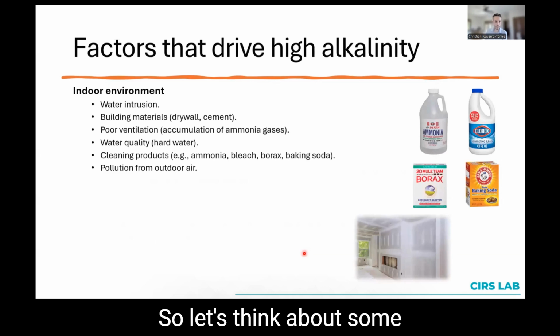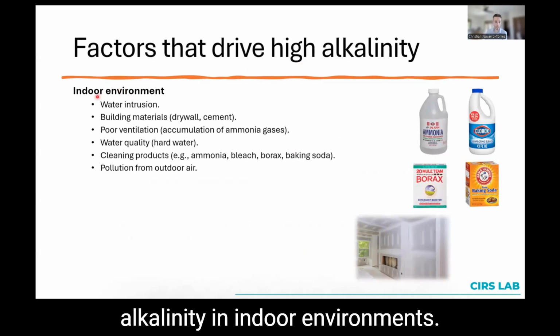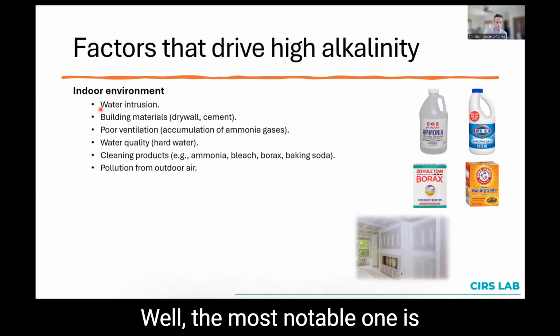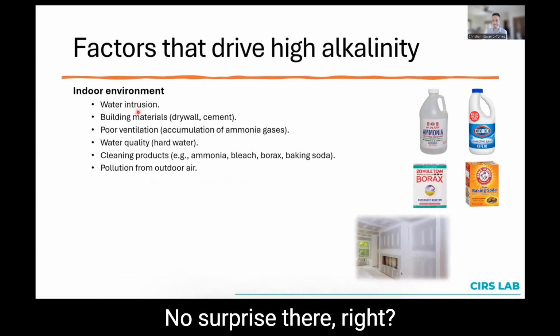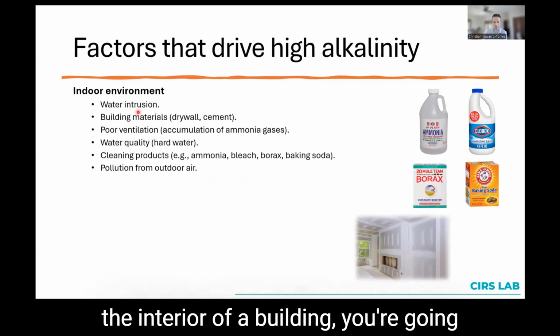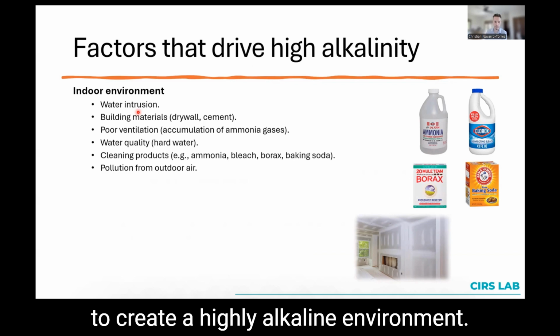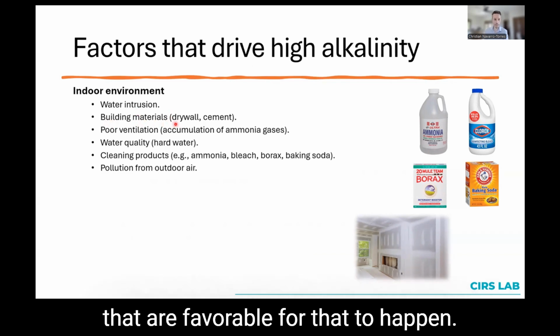So let's think about some examples of factors that drive high alkalinity in indoor environments. Well, the most notable one is water damage, water intrusion. No surprise there, right? When you have water intrusion in the interior of a building, you're going to create a highly alkaline environment. But there are also building materials that are favorable for that to happen.